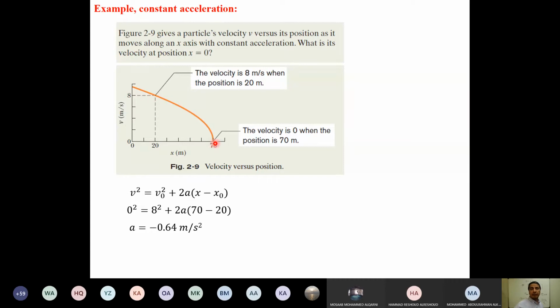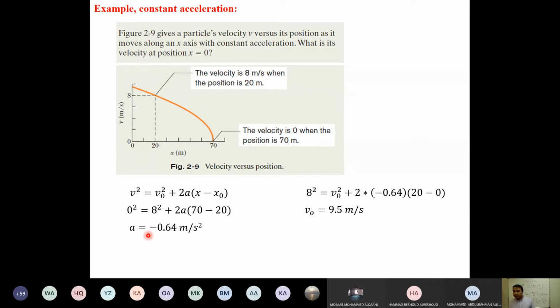If you look at the final velocity, it comes out to be 0. We also know that the x position here is 20 and the x position in there is 70. So we need to plug in those values and determine the acceleration from it. We get minus 0.64 meters per second squared. And quite rightly, it is negative because the particle is coming to a stop, decelerating.